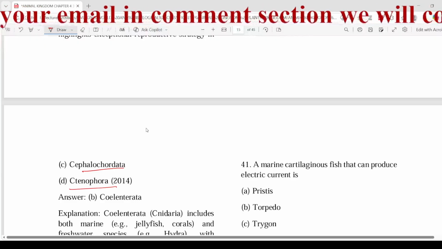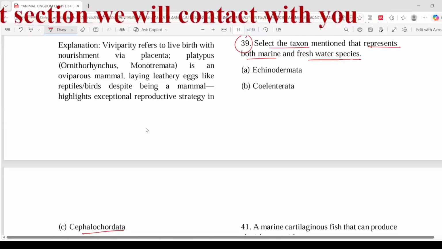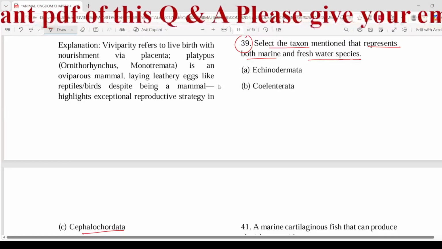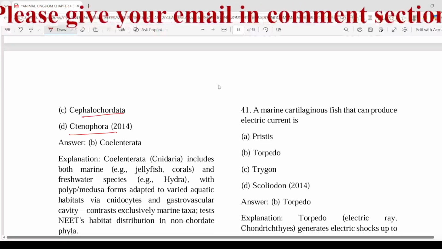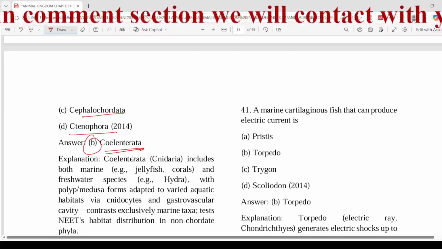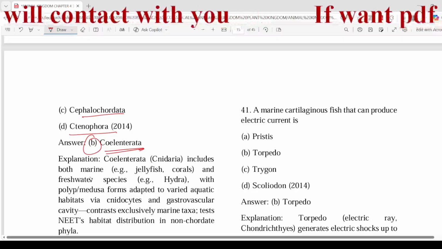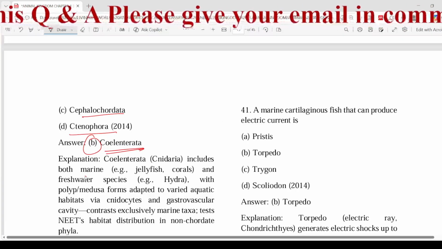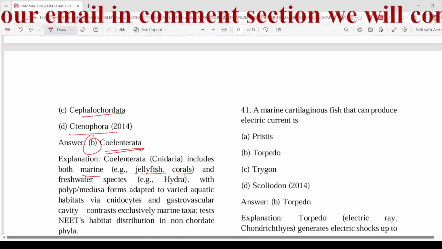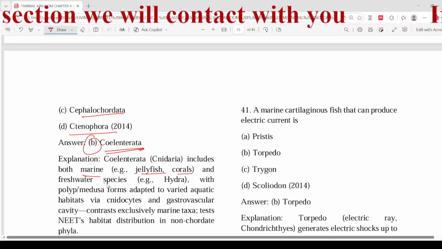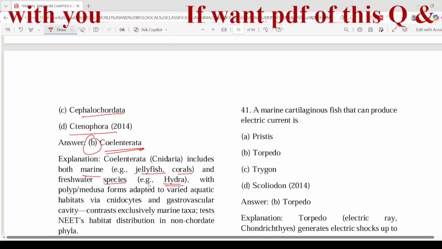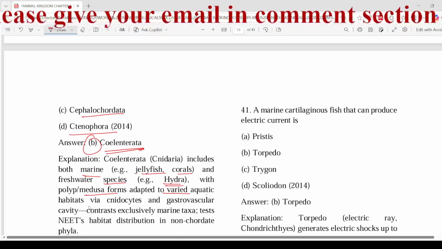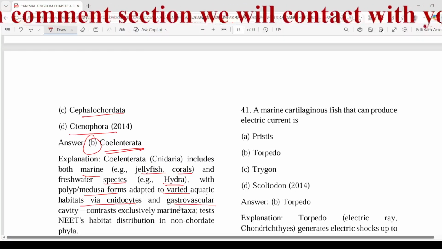The correct answer is coelenterates or Cnidaria. This phylum includes marine animals like jellyfish and corals, and freshwater species like Hydra, with polyp and medusa forms adapted to varied aquatic environments via nematocysts and gastrovascular cavity.